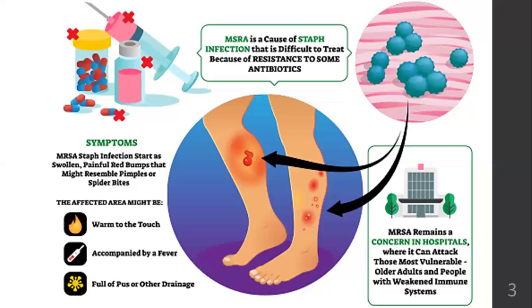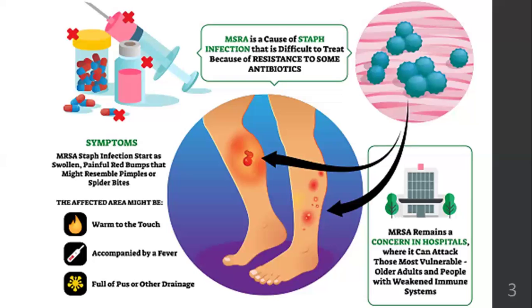So who is at risk of developing MRSA? People who are hospitalized for a very long period of time are most vulnerable. Older adults, those who have weak immune systems, and young kids as well. People who have an invasive medical device like a central line, ventilator, infusion pumps, or indwelling catheters, which are put into them for a long period of time, have a pathway for these germs to enter the body.